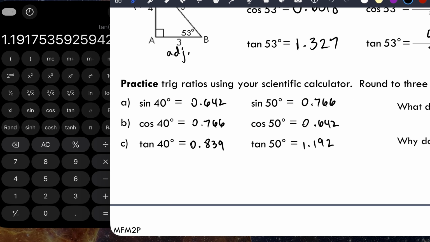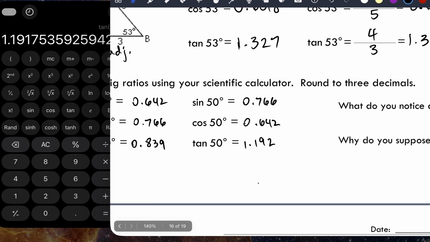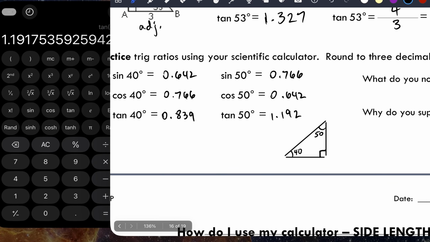Why is that? It's because on a right angle triangle, all 3 angles have to add up to 180 degrees. You have a 90-degree angle here. If you have a 40-degree angle down here, then this angle will be 50 degrees. And remember, for a 40-degree angle, the sine ratio is this side over this side.